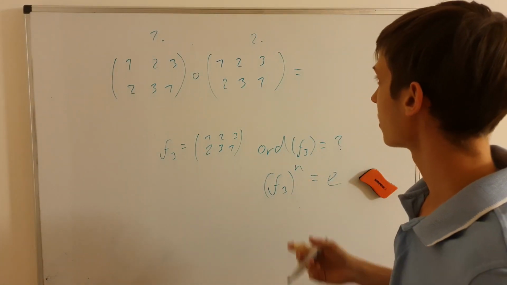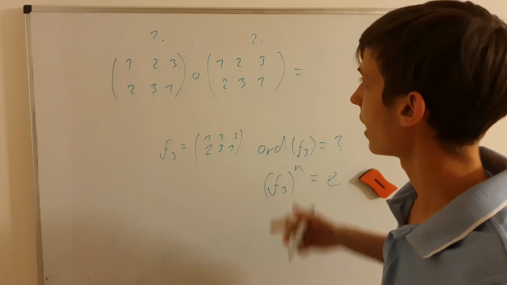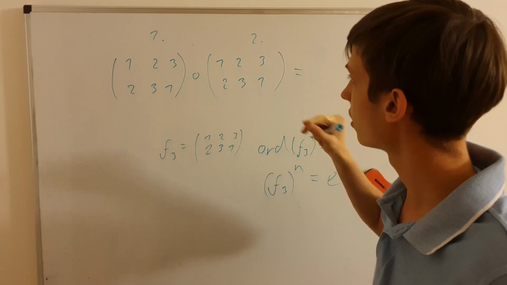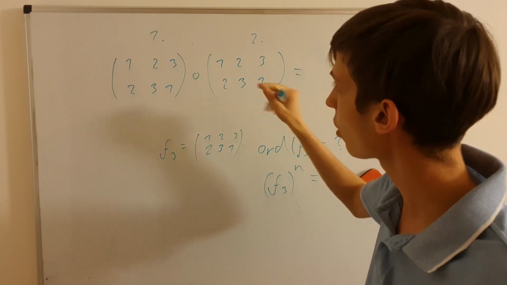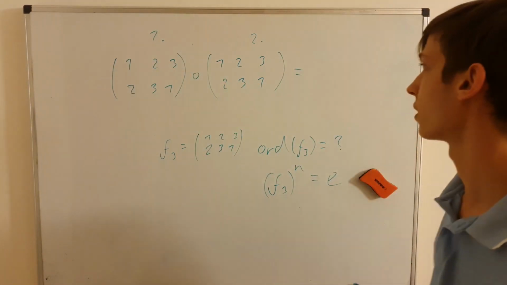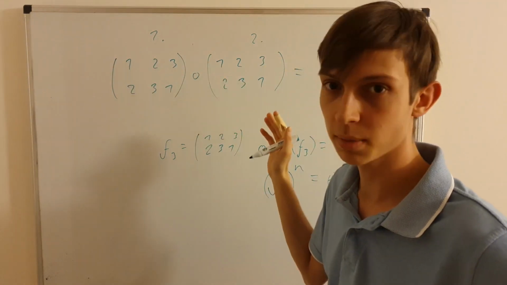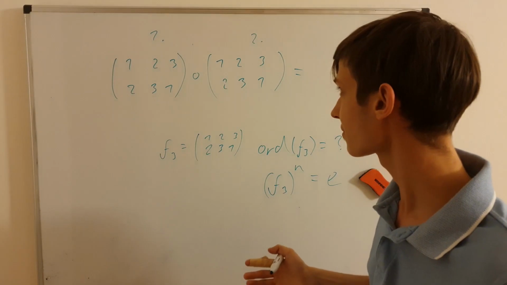And the point is that one has to take these values first from the second row and then put them into the first row of the first function. The order doesn't matter here because they're both the same.